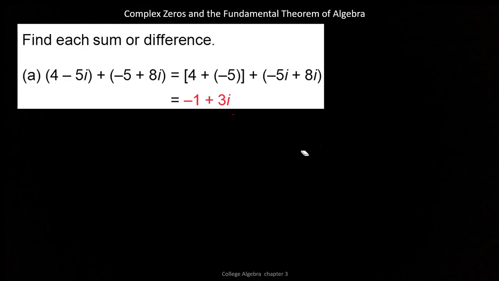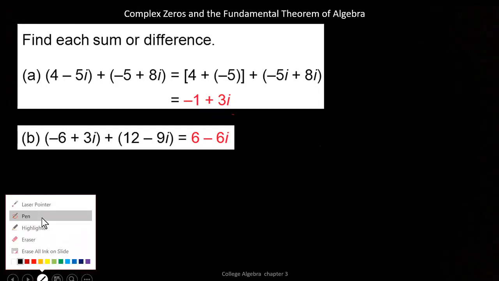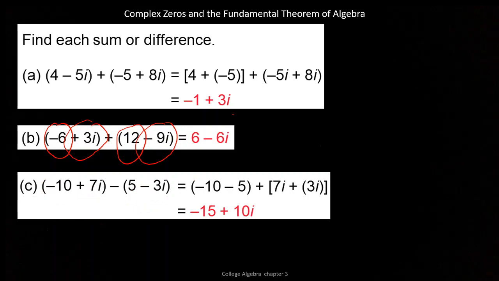All right, so to add is easy. You just add the real parts. So -6 plus 12 is +6. -3i minus 9i is minus 6i. All right, how do we subtract?